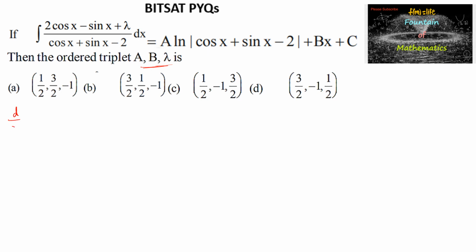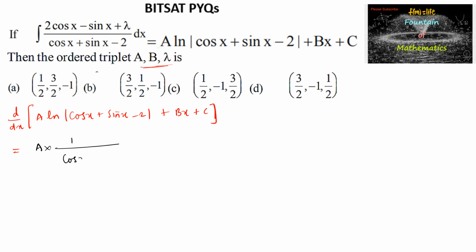So d by dx of a times log mod of (cos x plus sin x minus 2) plus bx plus c is equal to a into the differentiation of log, which is 1 upon (cos x plus sin x minus 2), into differentiating: cos x gives minus sin x, sin x gives cos x, and the constant is 0.